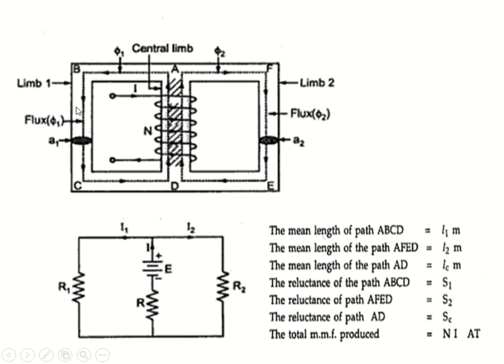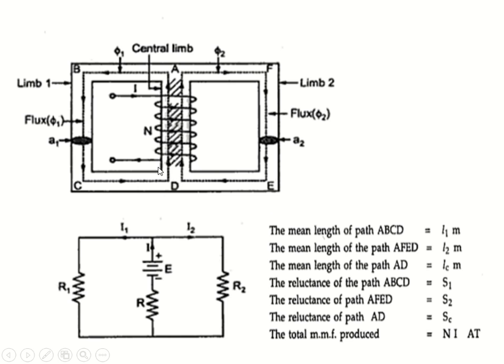And there are mainly 3 parts, 1, 2, 3 limbs. For the central limb, let S or SC be the reluctance, that is AD. This is divided into certain portions B, A, F, E, D, C. It is divided into 3 sections: AD, then A, B, C, D, then A, F, E, D. Let L be the length of AD, S be the reluctance of AD, and phi be the flux of AD.